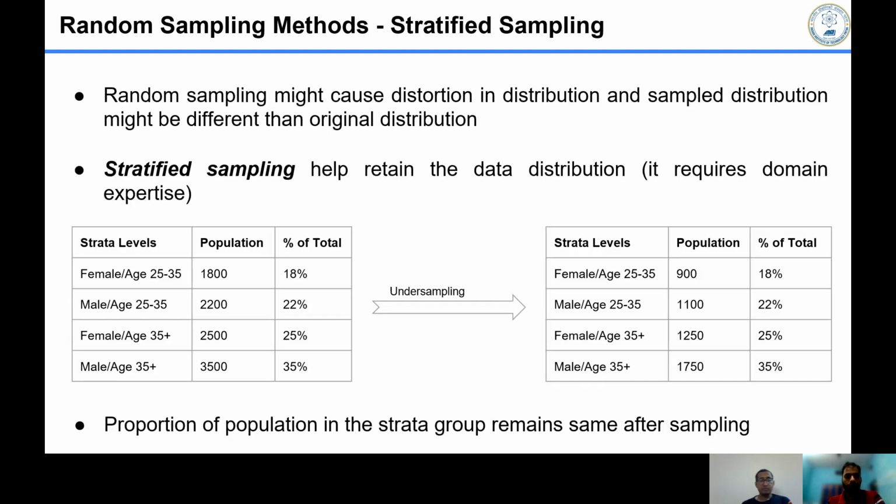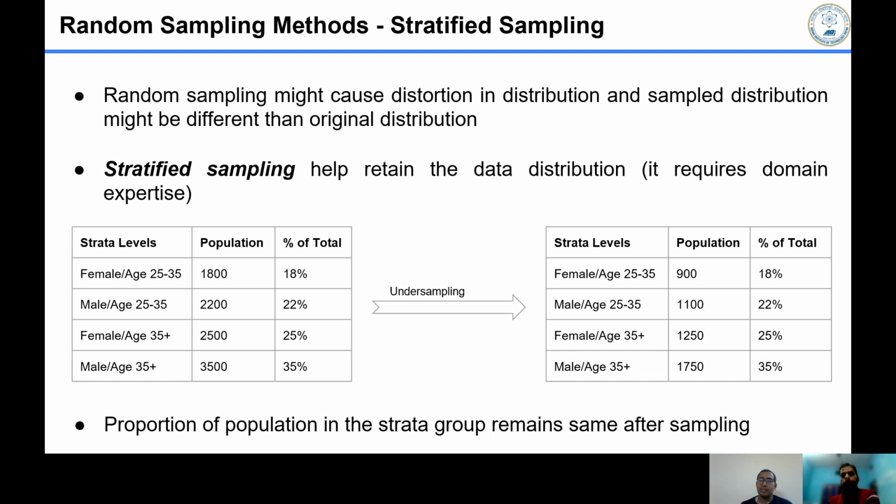So in both RUS and ROS approaches, we are sampling observations randomly, and hence data distribution of sample data might not match the data distribution of the original population. So one popular approach to handle it is using stratified sampling. We take strata variables to ensure distribution across a strata variable is maintained even after sampling.